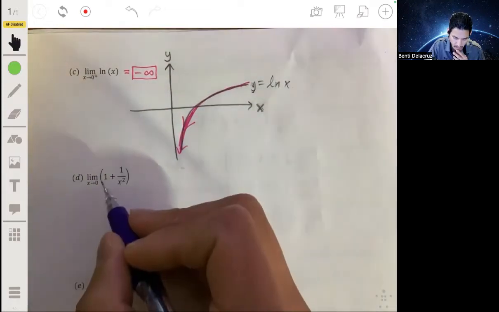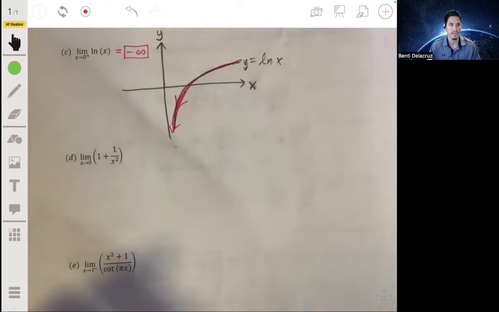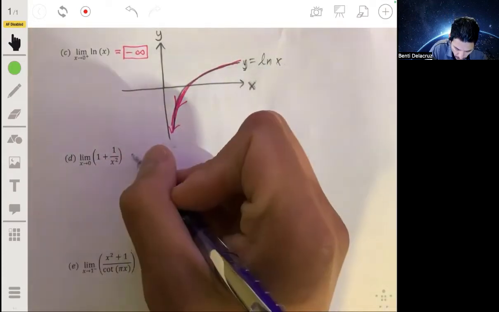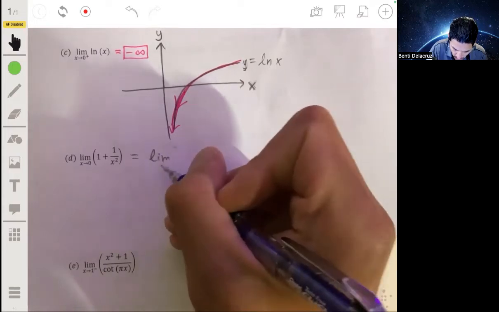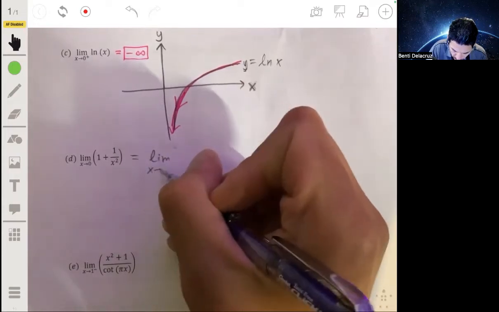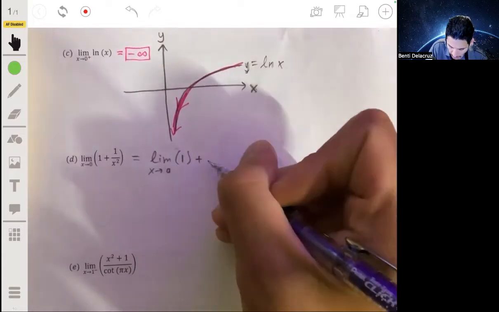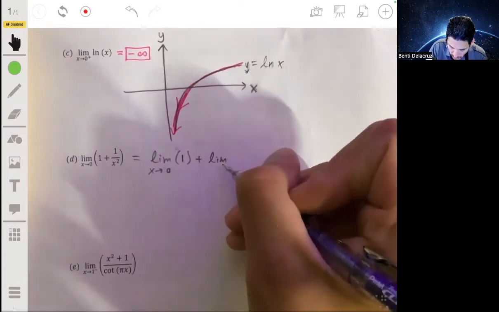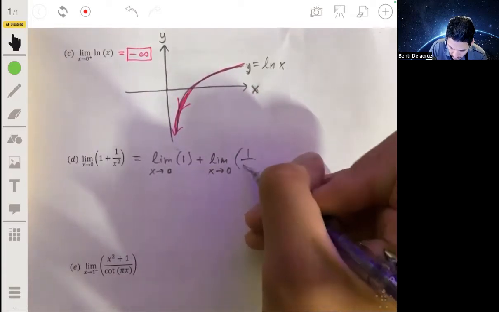Okay, now here is the limit of this entire expression, 1 plus 1 over x squared. Here we're going to use the sum or difference property. So we can make this equal to two limits: the limit as x approaches 0 of just the constant value 1, added to the limit as x approaches 0 of the function 1 over x squared.